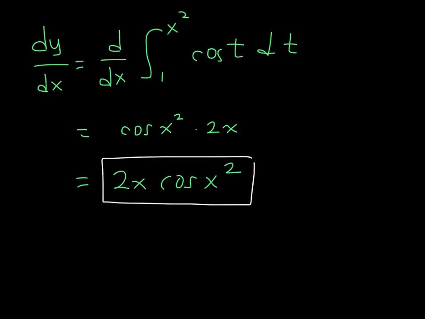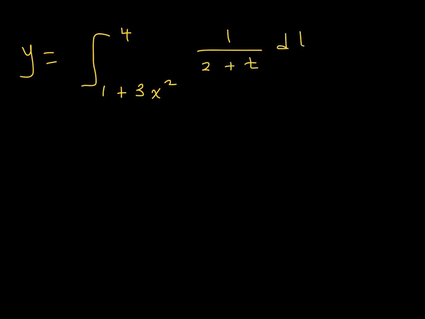All right, let's do maybe one more. What if y is equal to the integral from 1 plus 3x squared, look at that, up to 4 of 1 over 2 plus t dt.